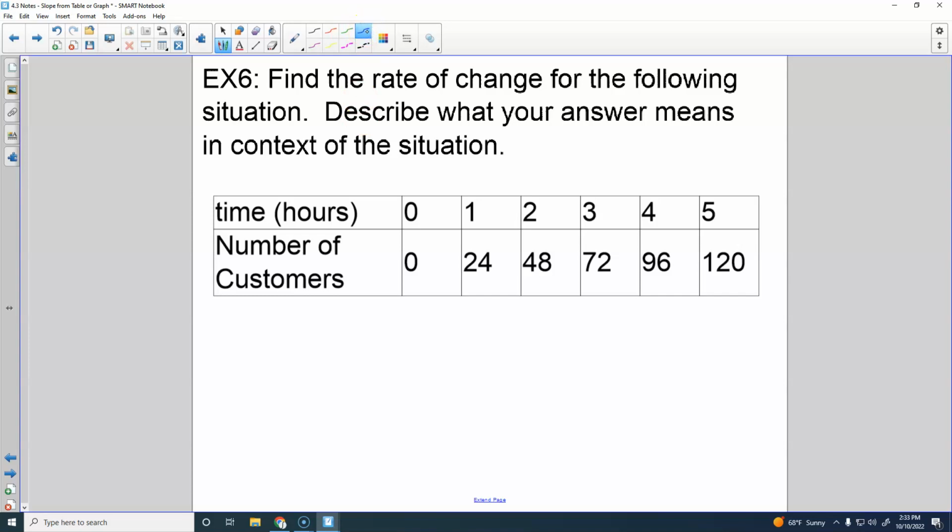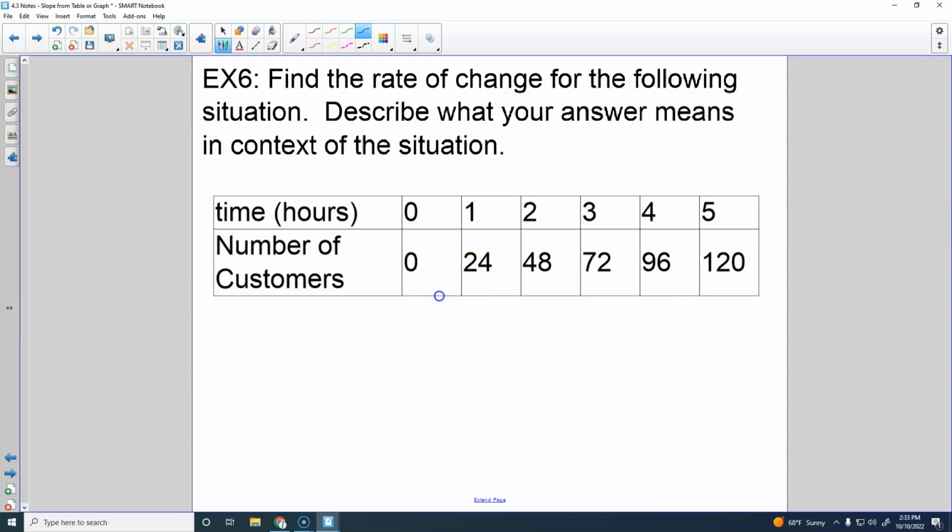But we need to answer this in terms of the situation. So whenever I ask you to do this, I want your answer to be a sentence. Okay? It must be a sentence. All right? So when I'm doing rate of change here, if I'm concerned that there's a mistake, I can check everything.